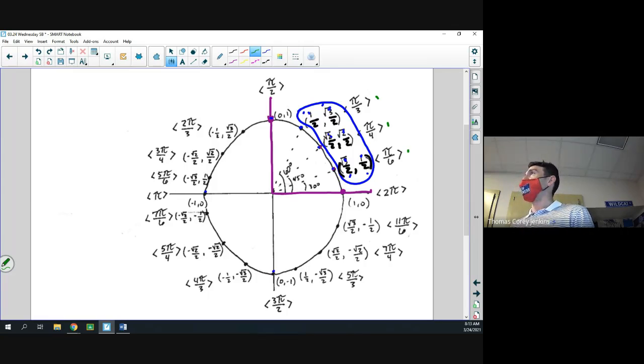So if I had something in, say, the fourth quadrant, if I wanted to plot this point, then I would just go as a reflection from this point here. Okay, so notice they have the exact same x coordinate, and then the opposite of the y coordinate. Okay, so that's why the first quadrant is so important.